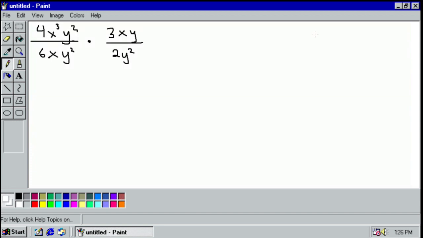In this lesson, I'm going to teach you how to multiply rational functions, rational expressions. First, I'm going to teach you how to multiply fractions. If you have A divided by B times C divided by D, you will multiply it like this.